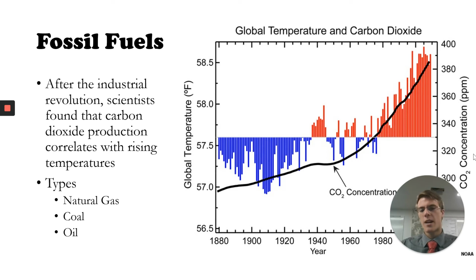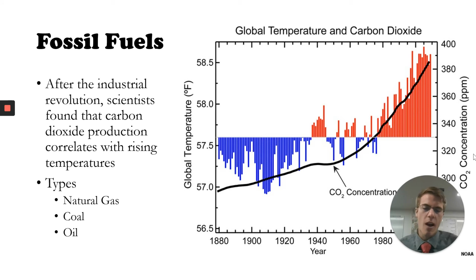And what scientists have found is they've been keeping stats and research on carbon dioxide levels and global temperature. One thing that we know is the carbon forms of fossil fuels, when we burn them, they're releasing carbon dioxide.